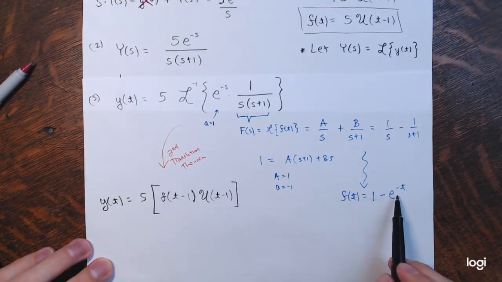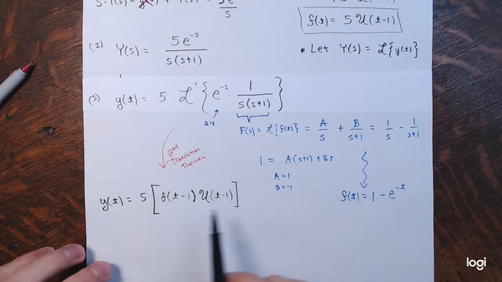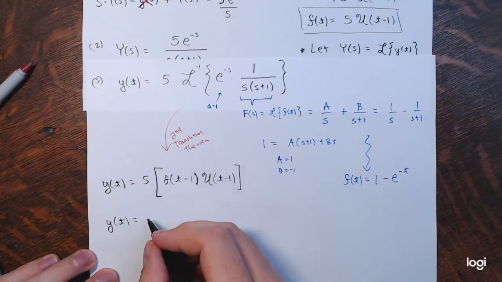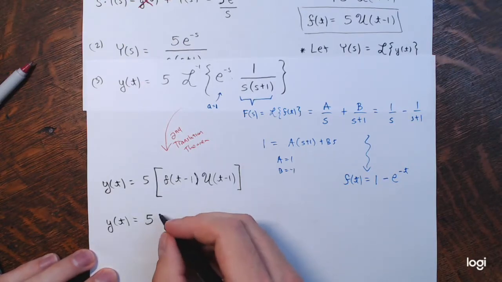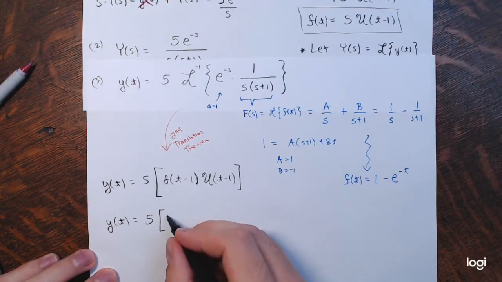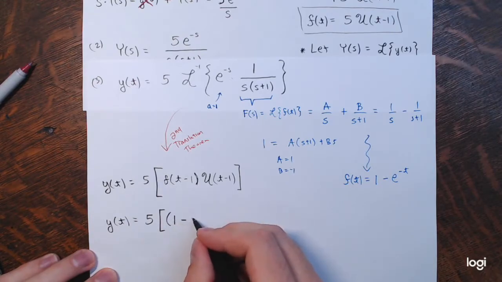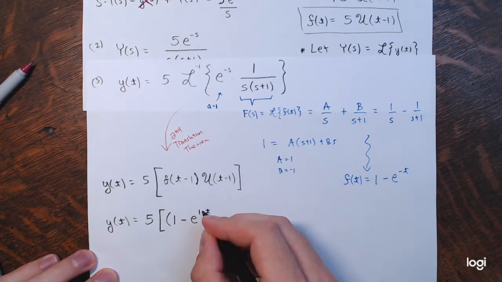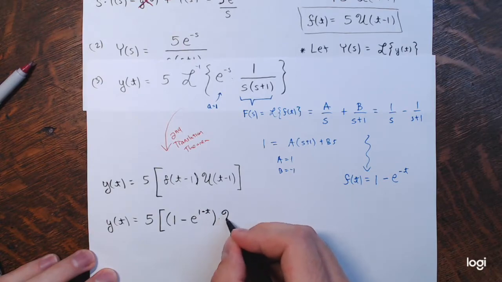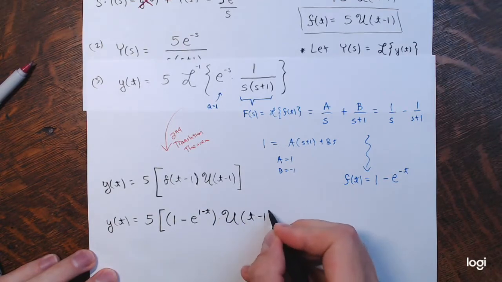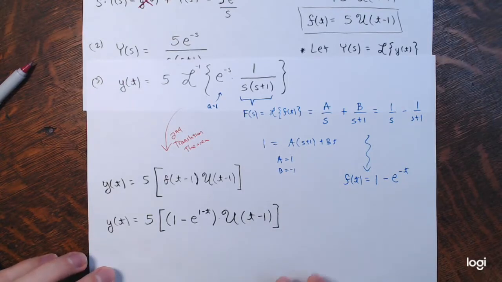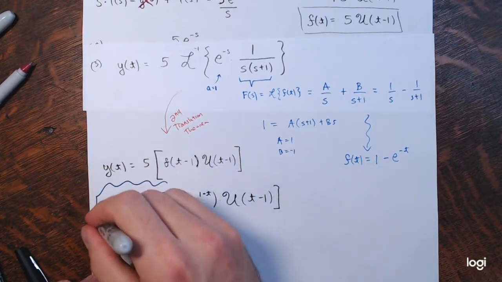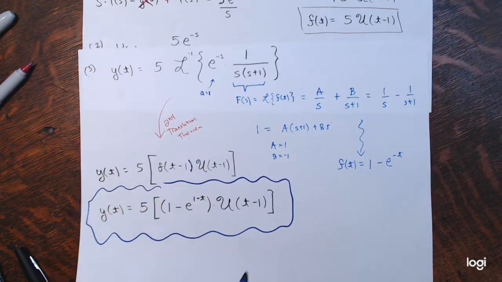I'm just replacing t with t minus 1 in f. So y of t, our solution to the initial value problem, is 5 times the quantity 1 minus e to the negative t minus 1, which would be 1 minus e to the 1 minus t power, times the unit step function at t minus 1. And there you go. This is a perfectly valid way of writing the solution to our initial value problem.